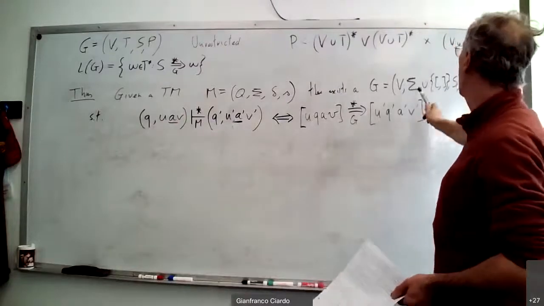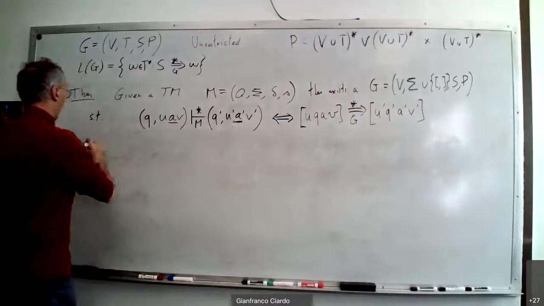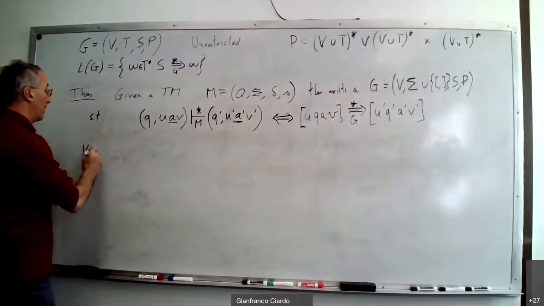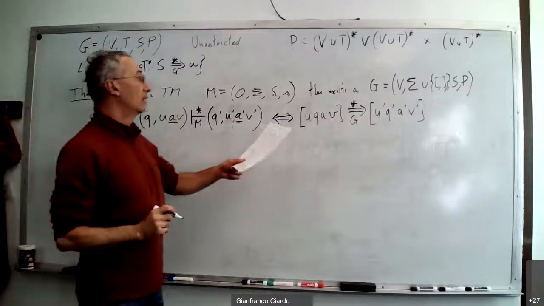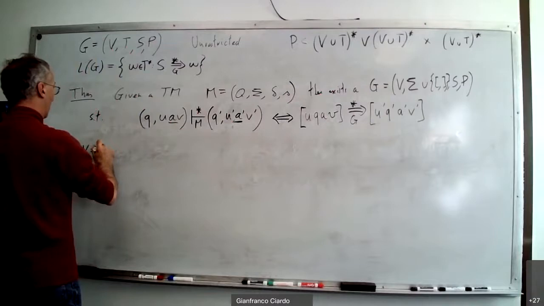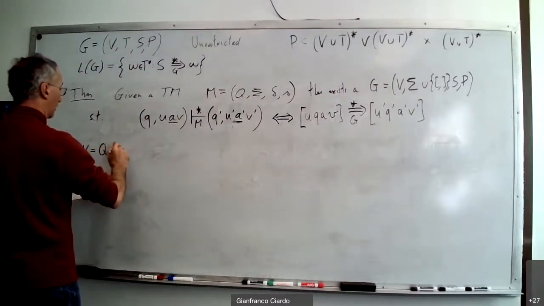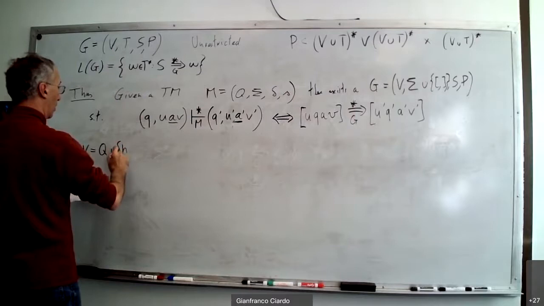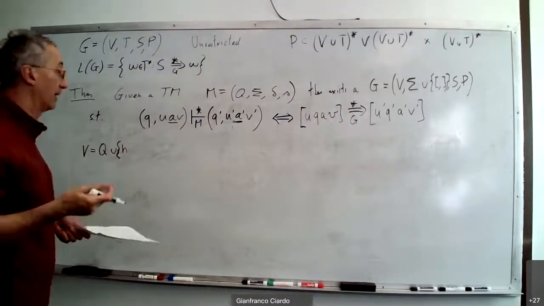Then the alphabet, we already wrote it. So V, the variables, are going to be the states of the Turing machine plus the halting state, just because the halting state is not part of Q by definition.